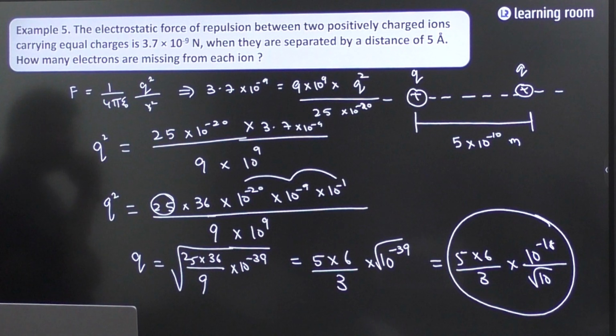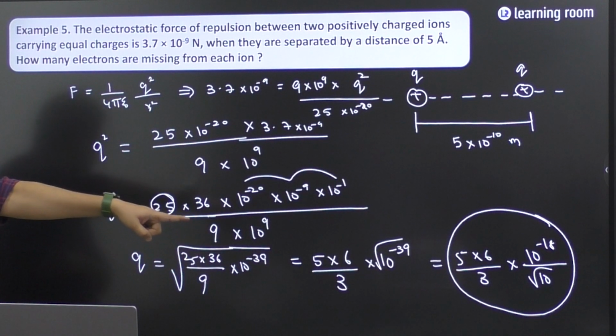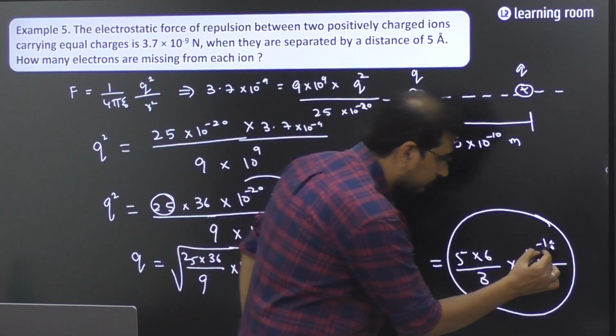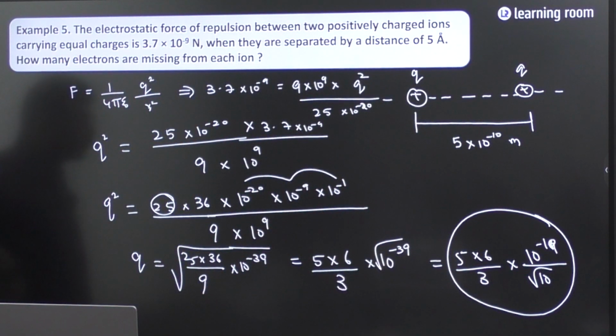Which one? This one. There. Minus 39 divided by square root of 10. Square root of 10 is 3.3. Just see.